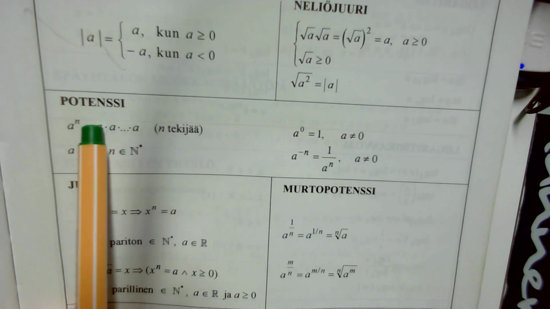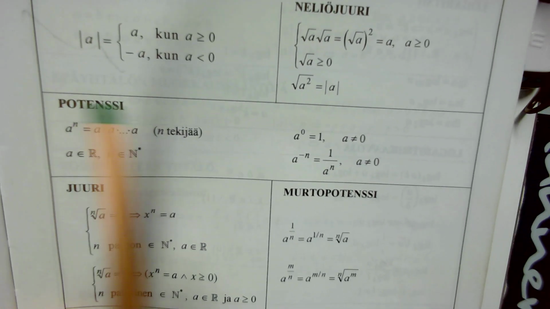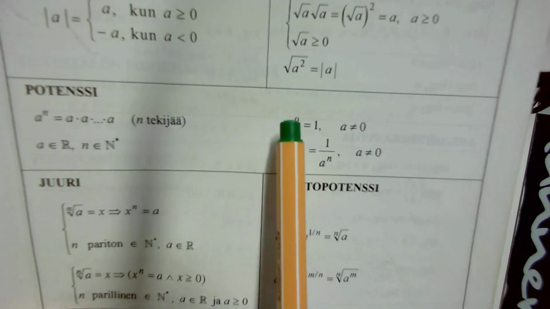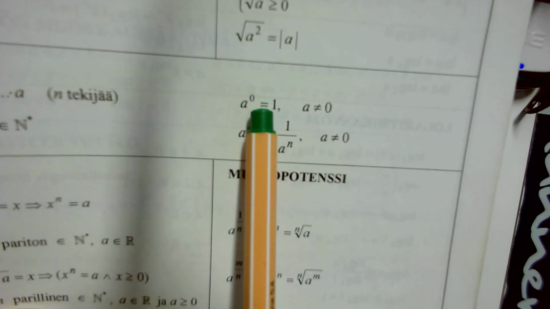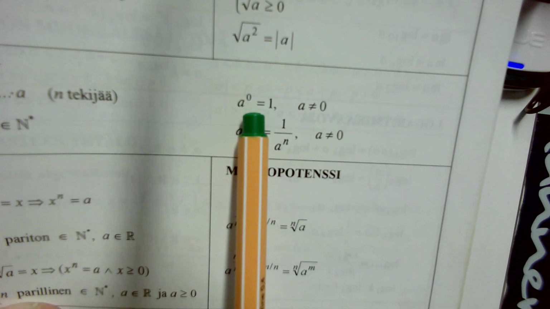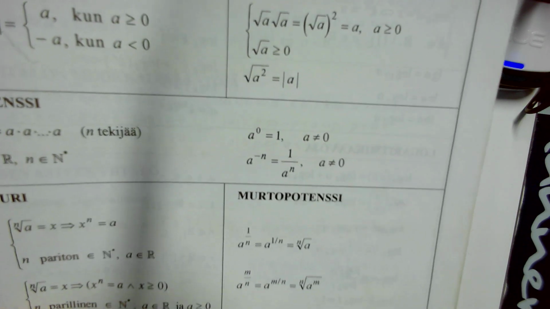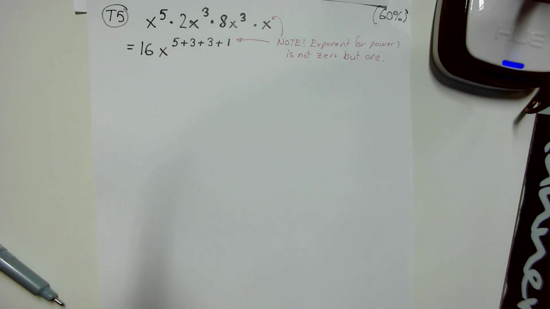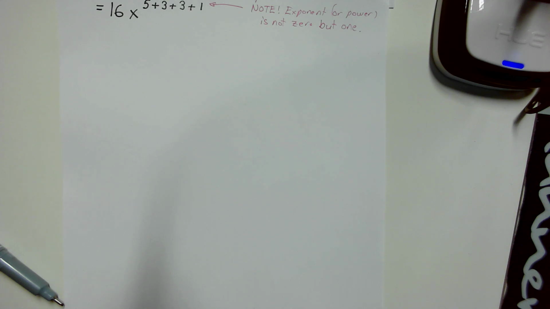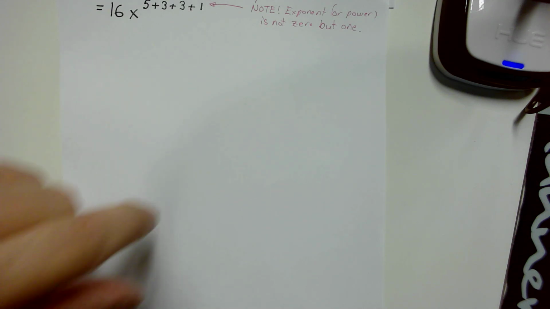It means this exponent format, potency. And here we have the rule. If we have exponent 0, it becomes 1. We may somehow prove that. I'm not going to do a very mathematical proof, but just a simple example.